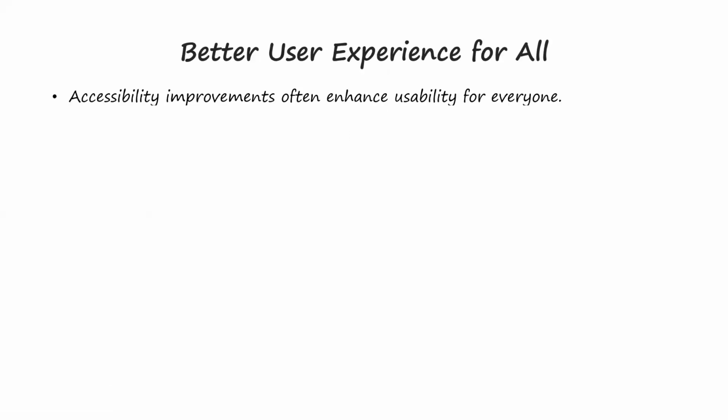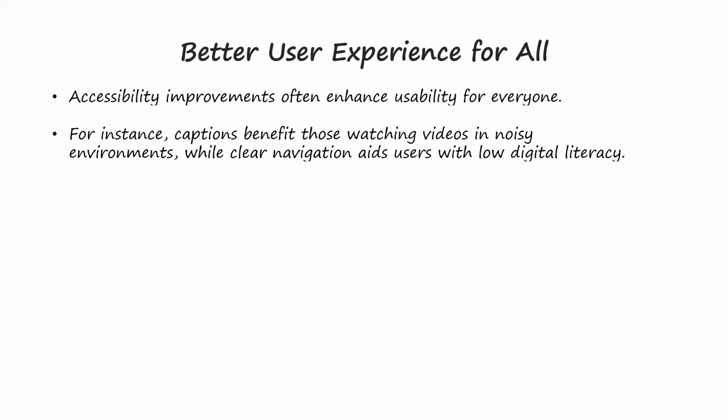For better user experience for all. Accessibility improvements often enhance usability for everyone. Let everybody use the application. For some people who cannot read, they can use screen readers. For some people who are visually impaired, they can also read.